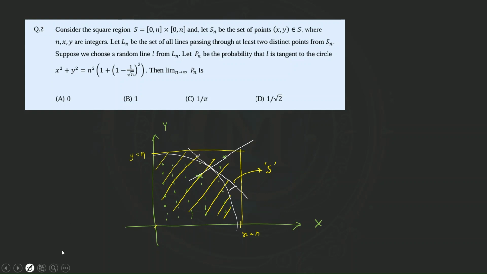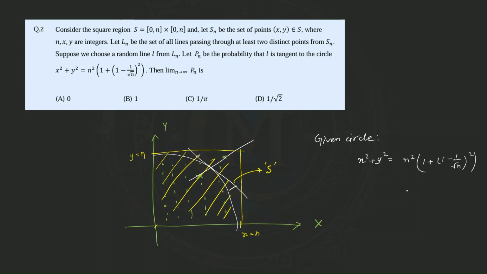Now there is a very interesting observation. This question we can easily solve by observation only. We carefully look at this given circle, x square plus y square equal to n square into 1 plus (1 minus 1 by root n) whole square.